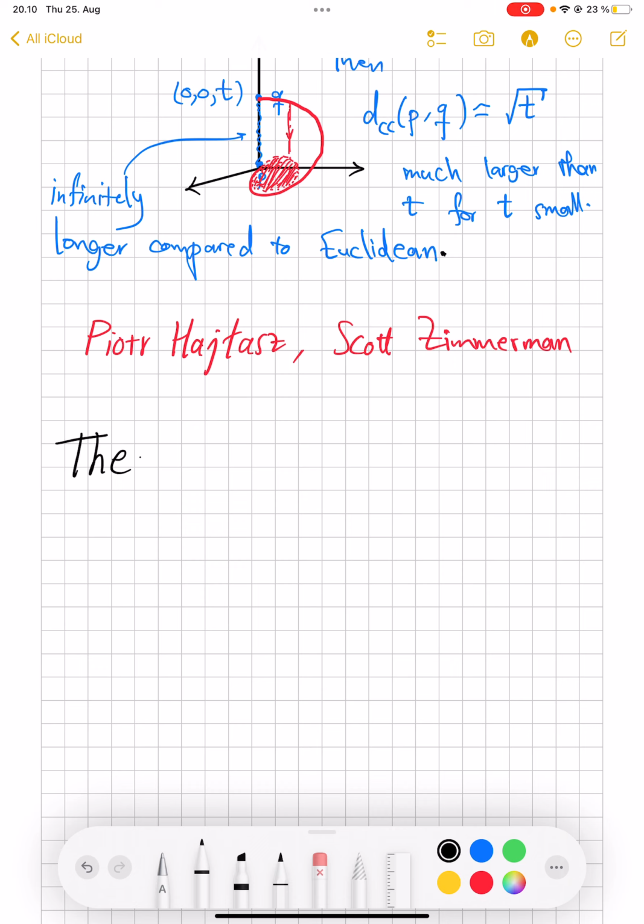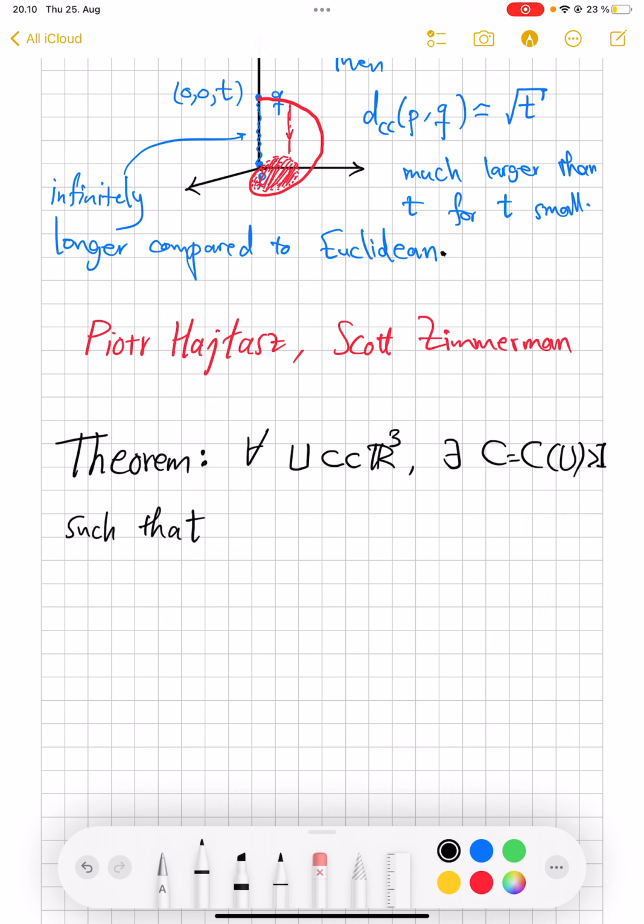This is another result that says for every U compactly contained in R3, there exists a C, again depending on U, such that if P is some (z, t), then the Carnot distance of P from the origin, which is (0, 0, 0).